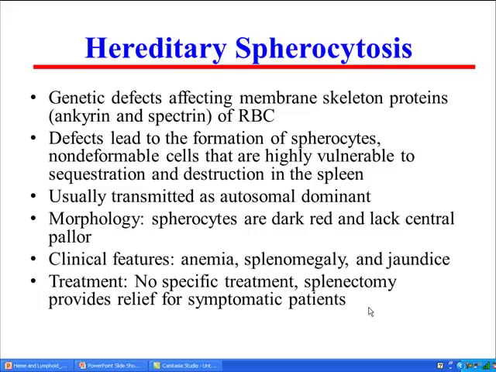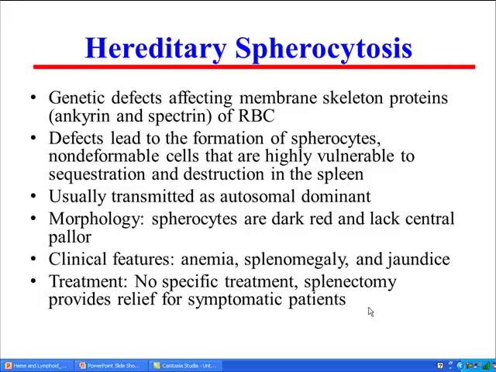If you were to look at a peripheral smear of someone with hereditary spherocytosis, you'll see that the spherocytes are going to be dark red in color, and you're not going to see the central pallor that I showed you with the normal blood cells. Some of the clinical features of this disease, of course, is anemia, and because there's destruction of these cells in the spleen, you're going to get splenomegaly.